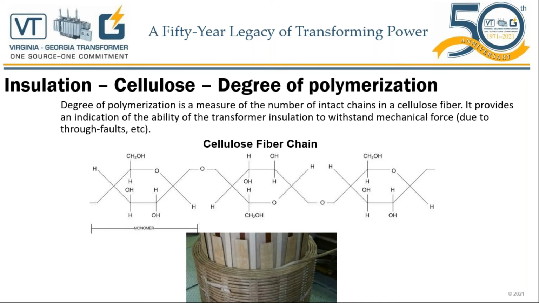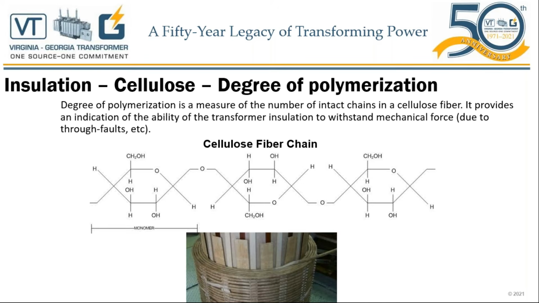Let's start with looking at this cellulosic fiber chain in the middle of this slide. I'm not a chemical engineer, so I'm not going to sit here and talk about all the C's and H's and all that. But I think every one of us here in this webinar knows what H2O stands for, which is the main atomic structure connecting all the C's and H's and O's in this fiber chain.